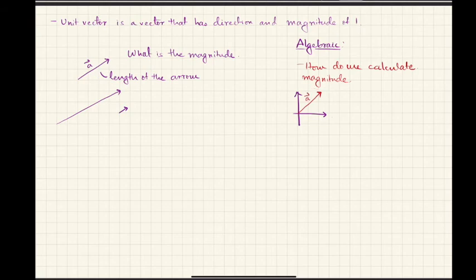And so we know that it has an x coordinate that is 2 and a y coordinate that is also 2. Okay, so what I need to do is calculate the length of this arrow. And so how do I calculate the length? I can use Pythagoras' theorem. So it's 2 units in this direction and another 2 units in that direction.